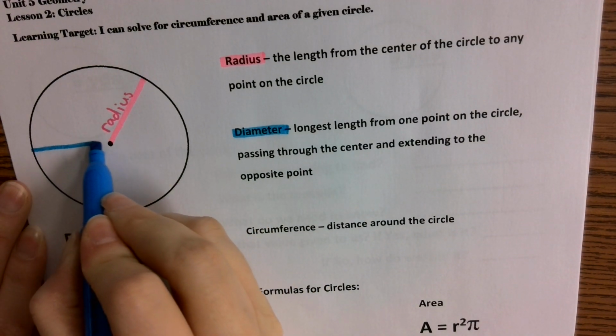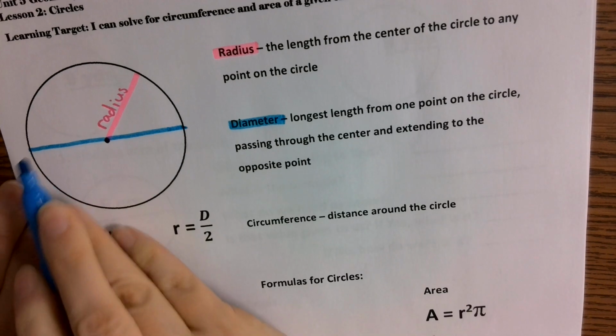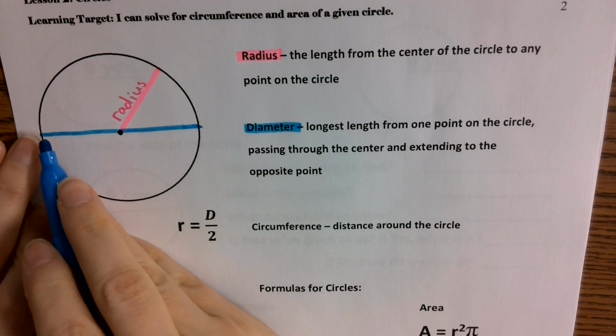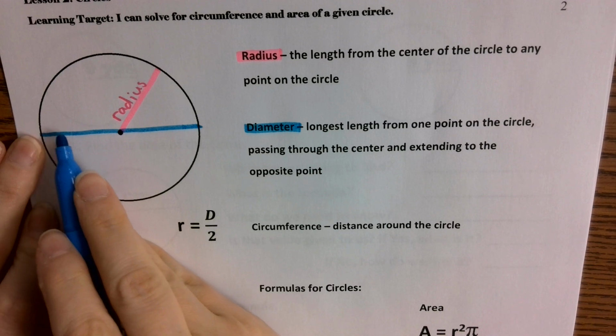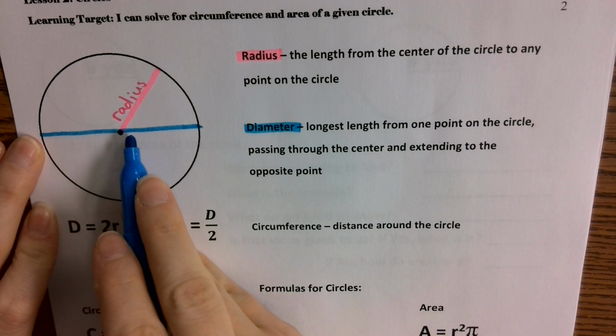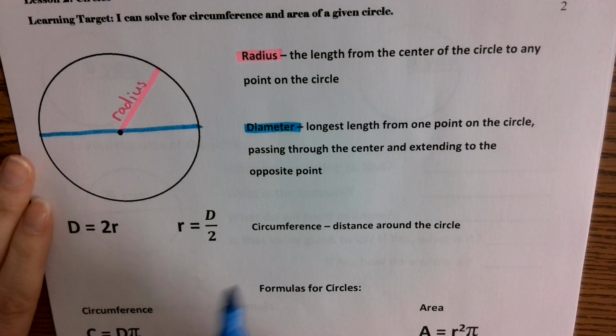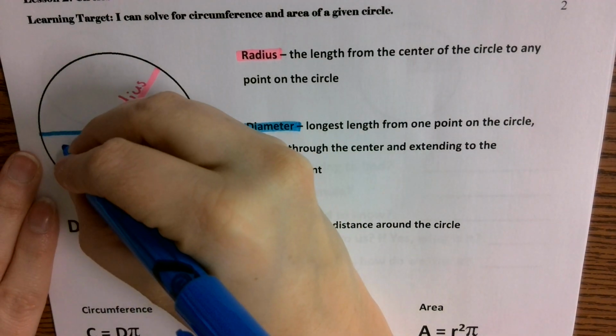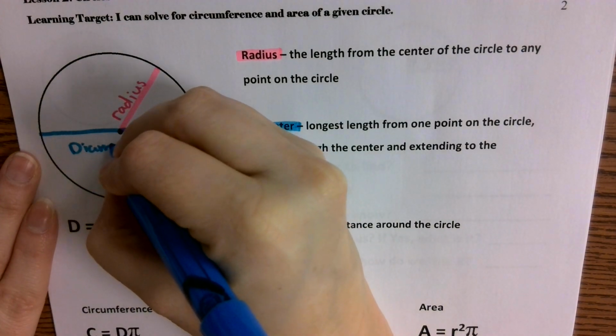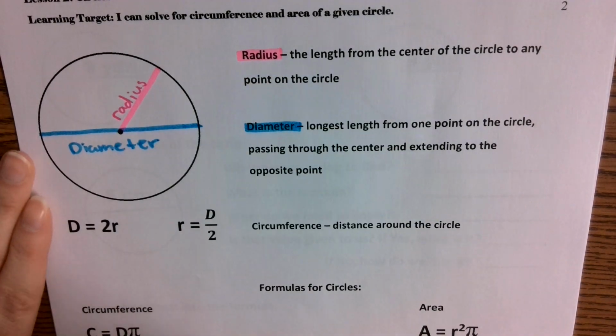Again, I can start anywhere on the edge or the rim of my circle as long as I extend it and pass through the center and continue going straight in the opposite direction. That's called my diameter measurement. It is the longest measurement.